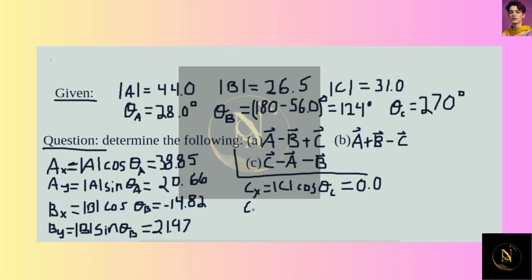Okay, and then C of y, let's just jump right to the answer because this is pretty easy with the same logic. The sine of 270 degrees is -1, and we know that all of C is in the negative y direction. So the y component has to be minus the magnitude, minus 31.